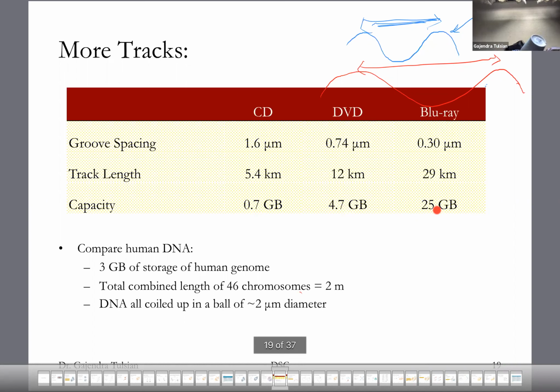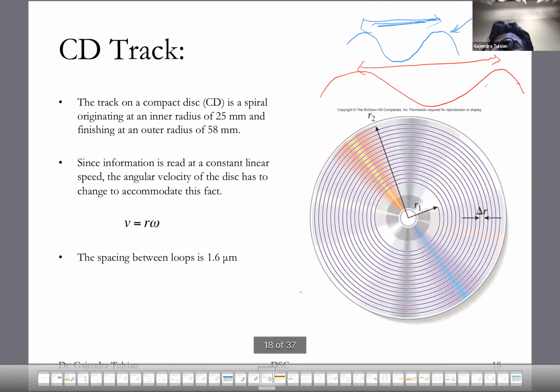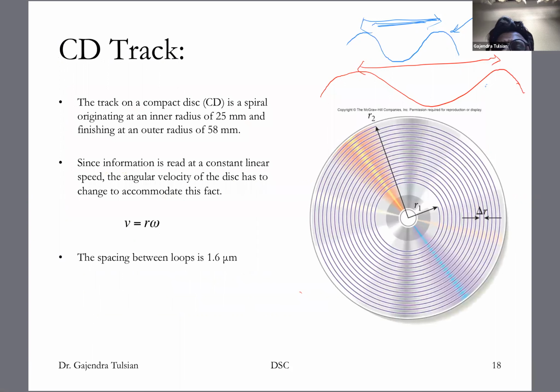So let's see the relevant information. For a CD, the track length is 5.4 kilometers. What that means is the length of this track is 5.4 kilometers, and 5.4 kilometers is about 3.5 miles.